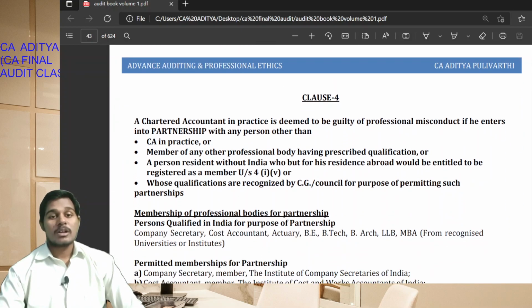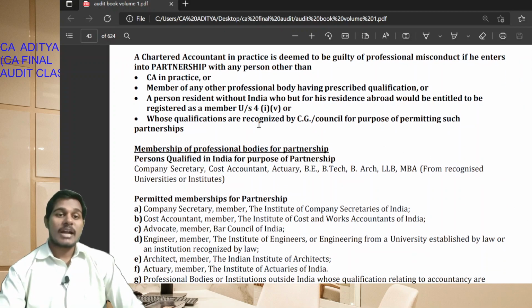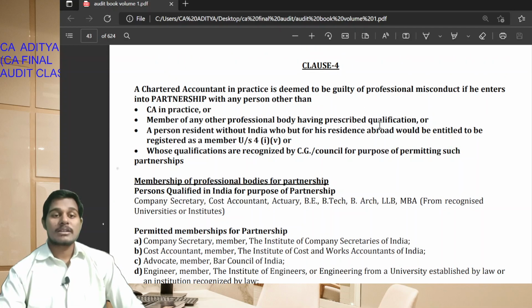See students, clause 4 of part 1 of first schedule to the Chartered Accountants Act. A chartered accountant is deemed to be guilty of professional misconduct if he enters into partnership with any person other than a member of the institute, a member of another professional body, or a person having a prescribed qualification or a qualification recognized by the central government or state government.